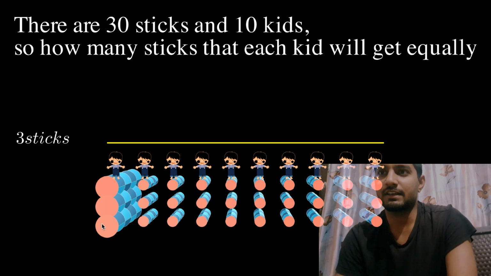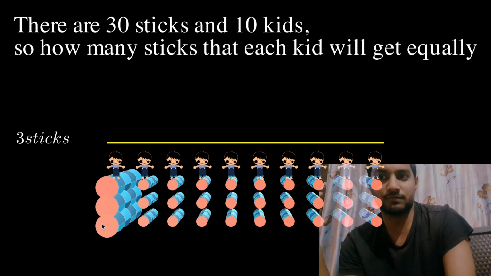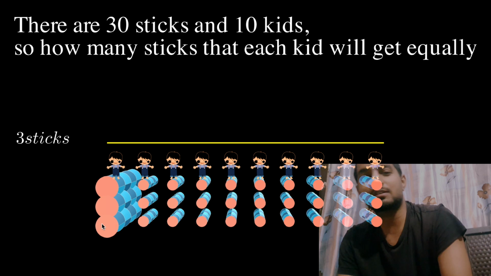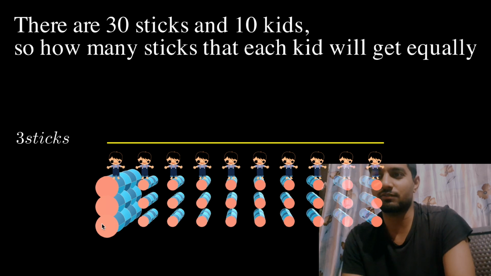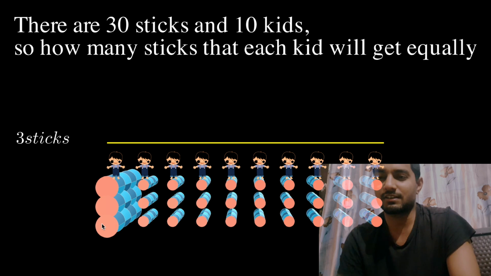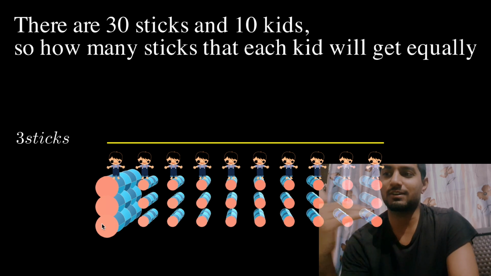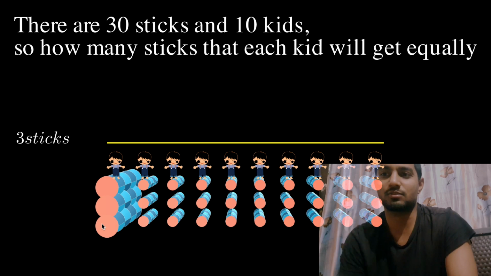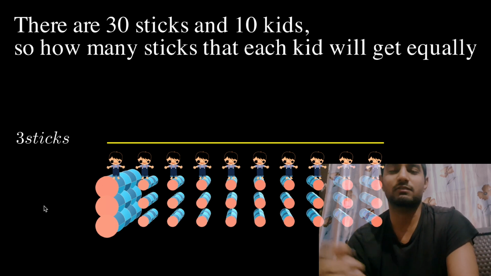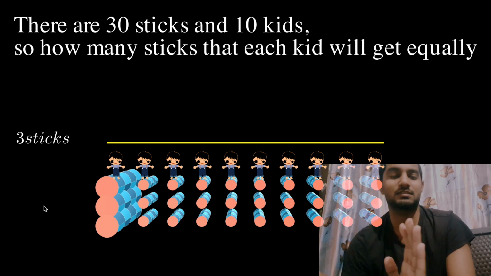So 30 is a group of 3 tens. We already know how grouping helps us add and subtract, and in the same way it also helps in division. So if we have grouped this way, we can distribute one row to each of the 10 kids, and we can see that each gets 3 sticks. This was a simple division.